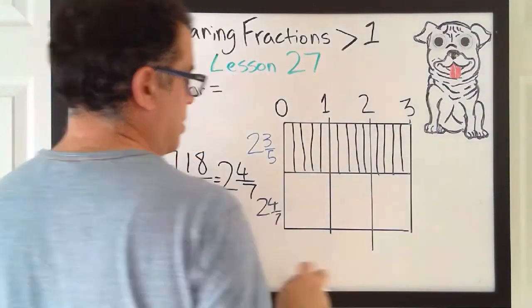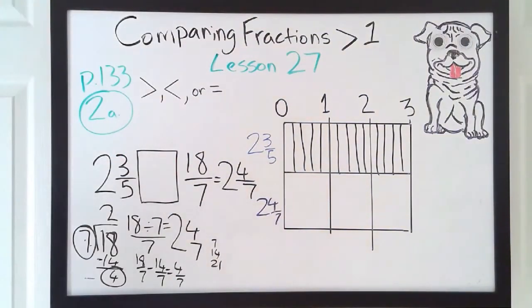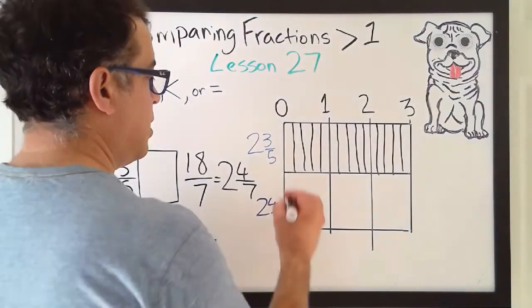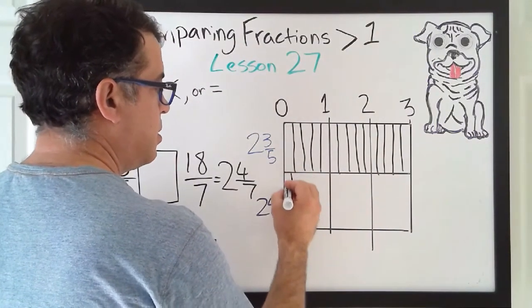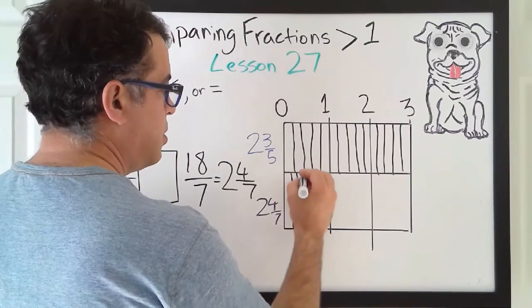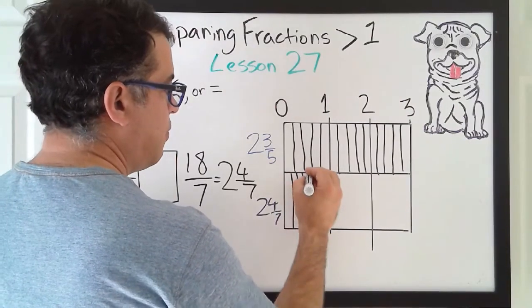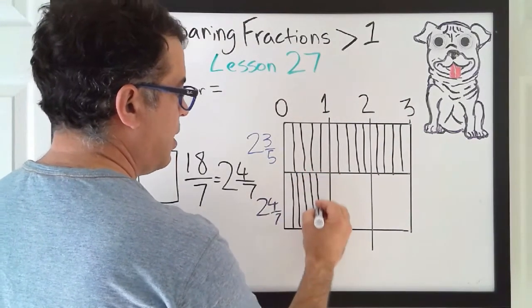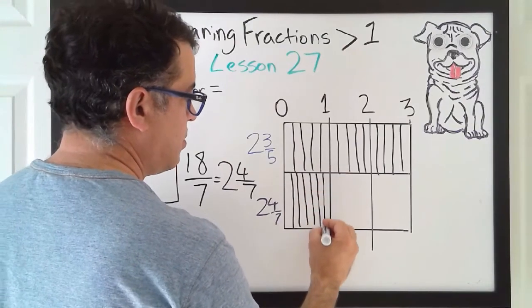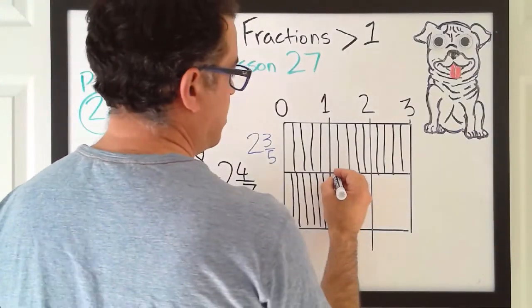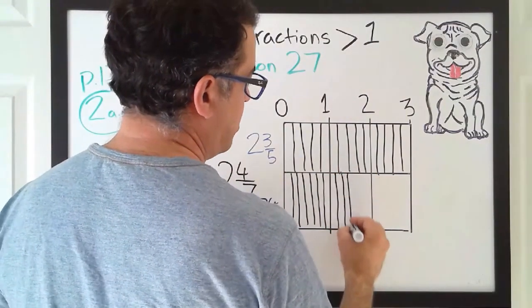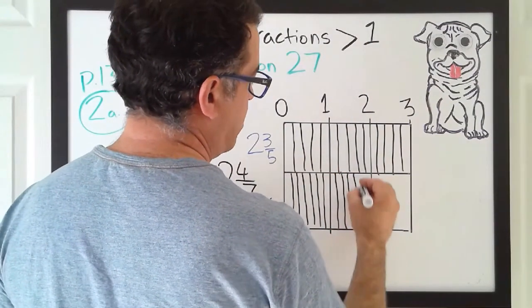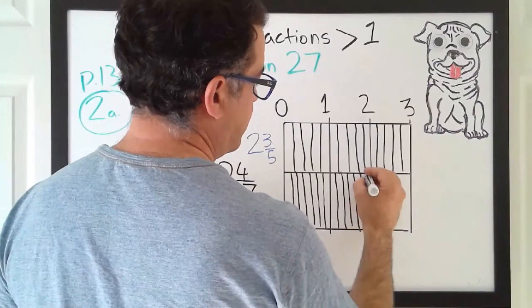Now the one on the bottom is in sevenths. Oh, that means 6 lines. I gotta make 6 lines. Let's see if I can do it. 1, 2, 3, 4, 5, 6. Whew, that's hard to do.